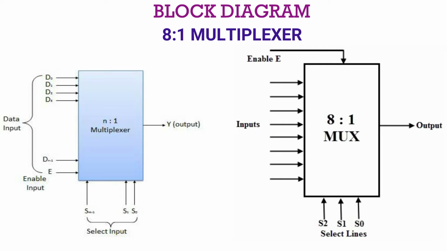Then we have 3 selector input lines labeled as S0, S1 and S2, and 1 output line which is labeled as Y. Apart from that, we have another input called enable input, which should be high whenever the data transmission takes place from the data input lines to the respective output line.